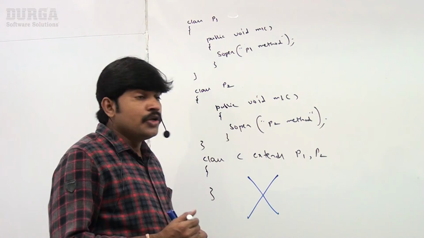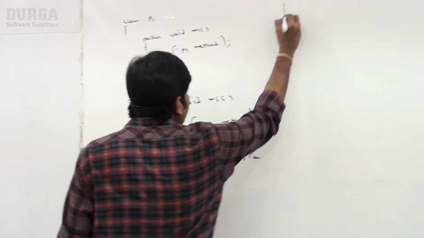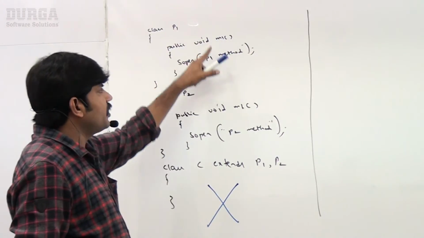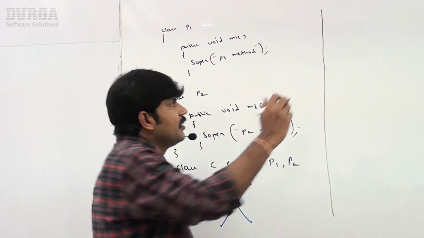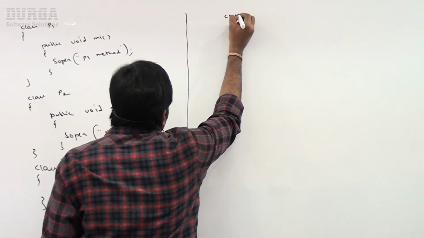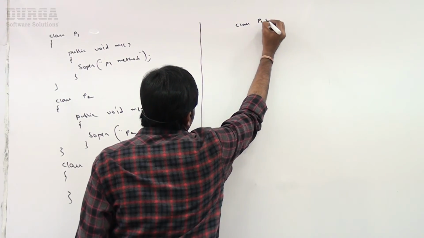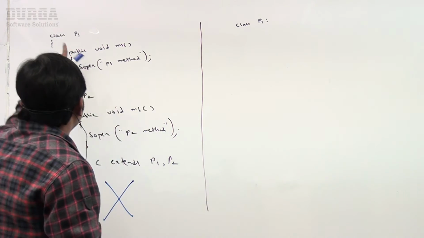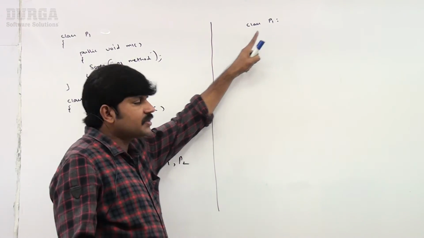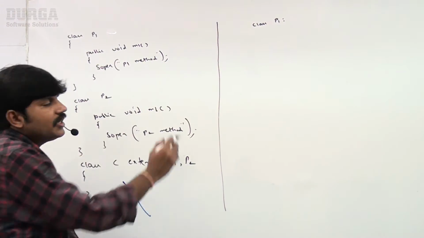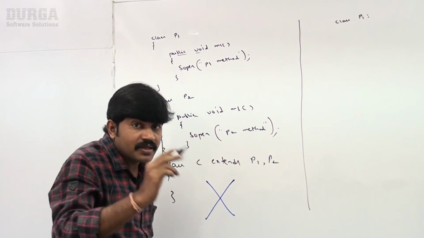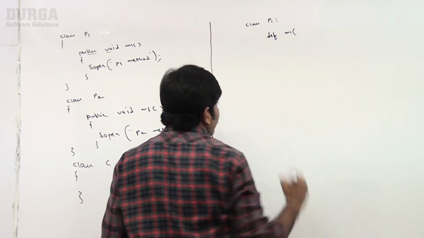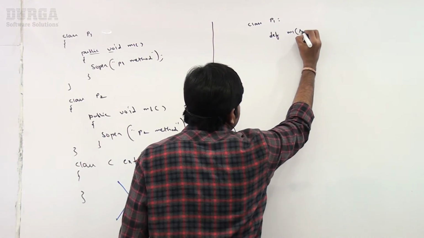But now if you consider the same scenario with respect to Python, how do we write class P1 with an m1 method? What is the Python style? Observe that here I am taking class P1, there are no curly braces, such type of terminology is not there. Next, I want to write the method. Here you wrote public void m1, but there we have to write def m1 of self.